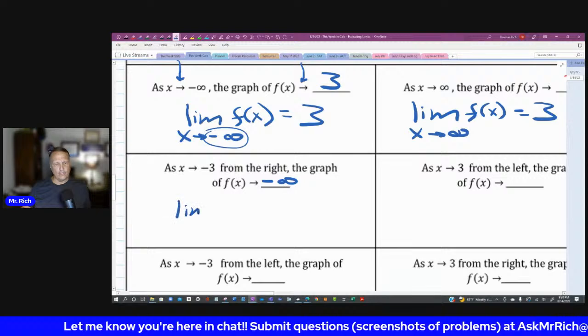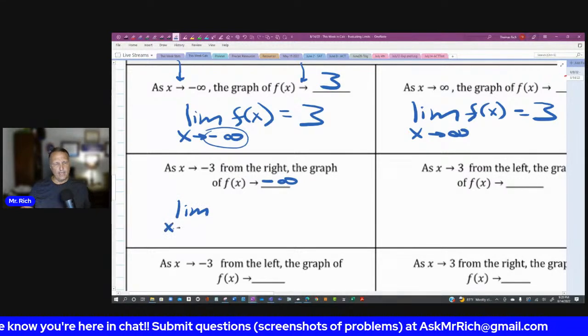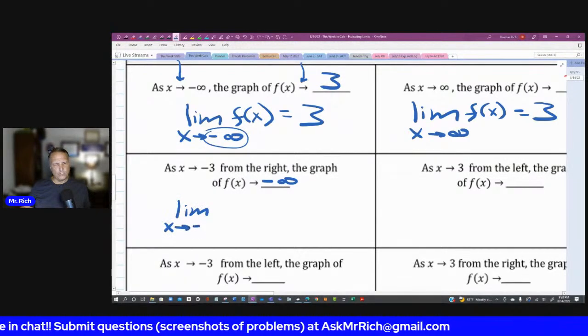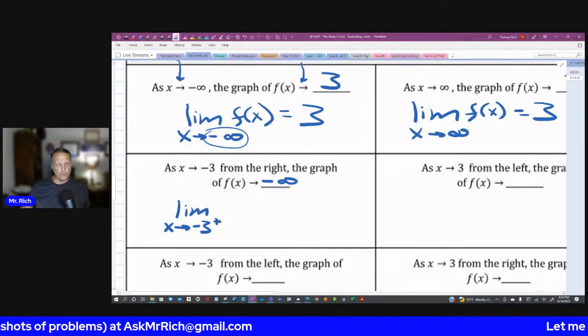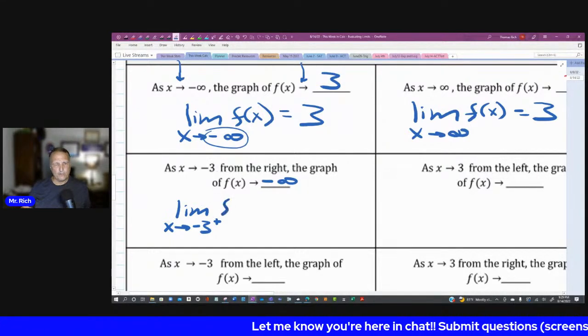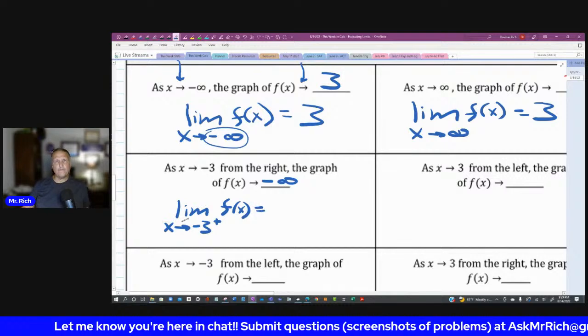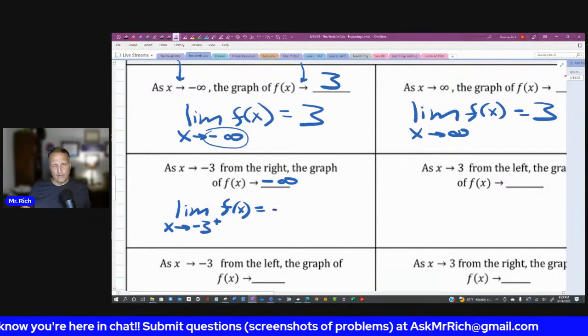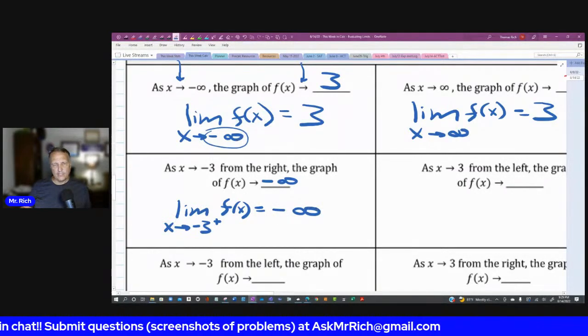I would say the limit as x approaches negative 3, and I'm going to put a superscript of plus to indicate that I'm talking about negative 3 from the right. So the limit of f of x as my x values approach negative 3 from the right is negative infinity.